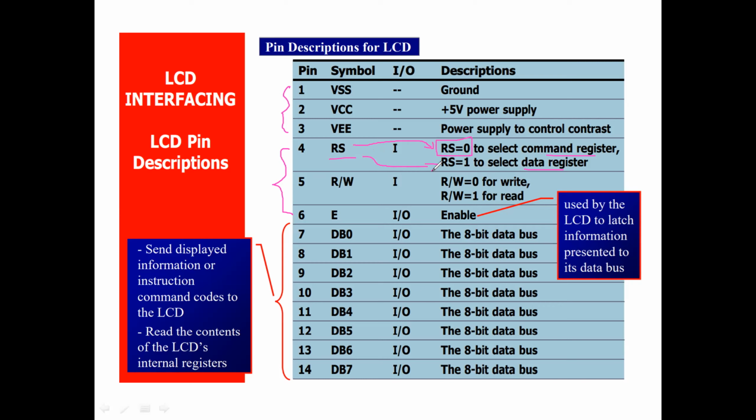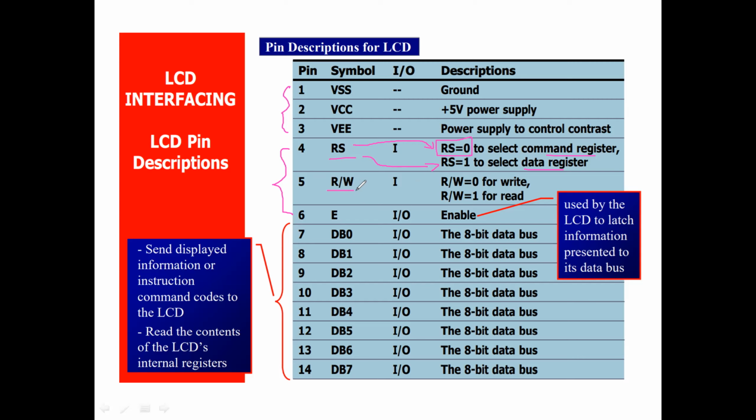Simply by programming, you can provide 0 or 1, so this pin will hold 0 potential or 5 volts. If it is 1, the 8051 controller is sending data to the LCD. This you should understand, the first and foremost thing.